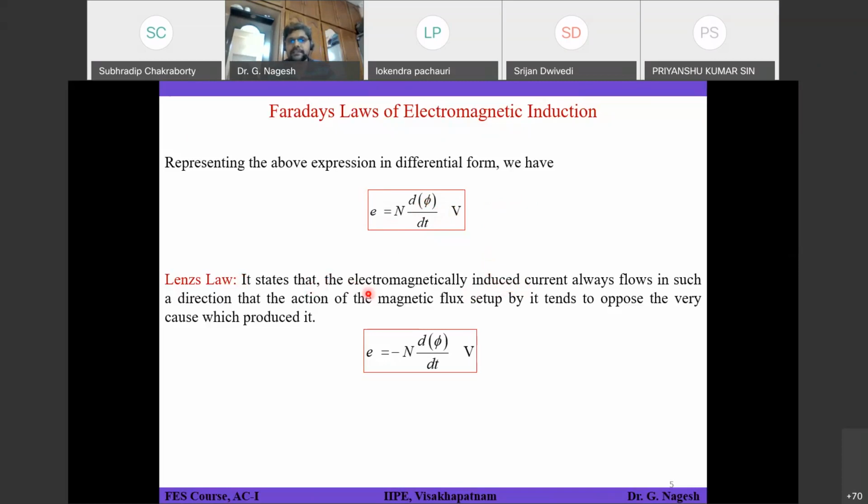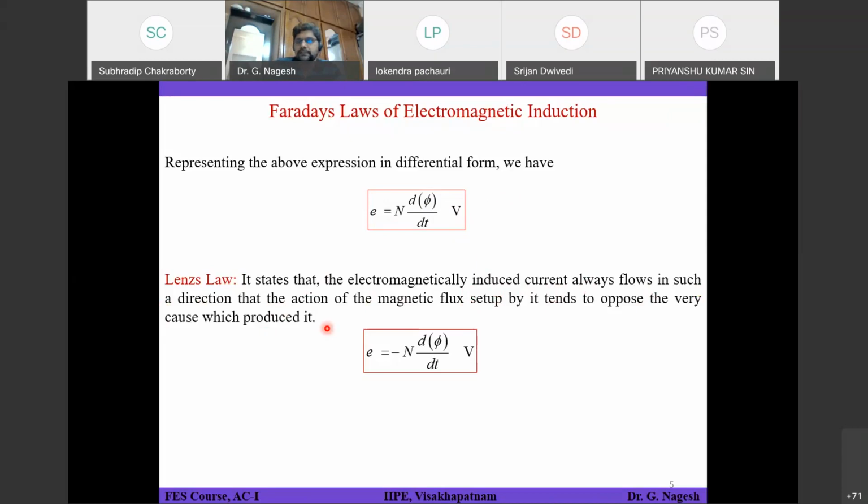It states that the electromagnetically induced current always flows in such a direction that the action of the magnetic flux set up by it tends to oppose the very cause which produces it. That means the EMF induced in the coil, if the circuit is closed, some current will flow through that. That current will again produce some amount of flux. Whenever current is flowing through the coil, some flux is always produced. That is called an electromagnet.